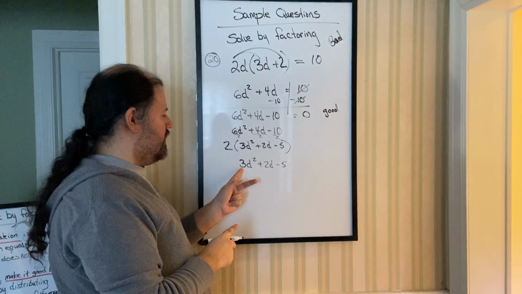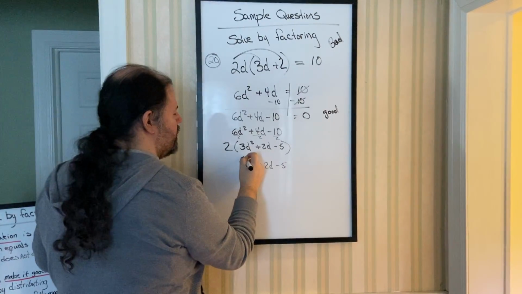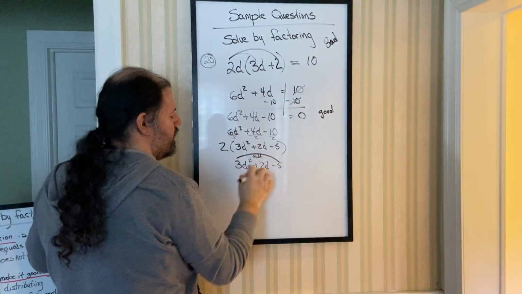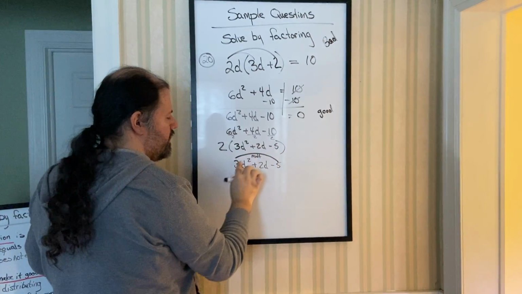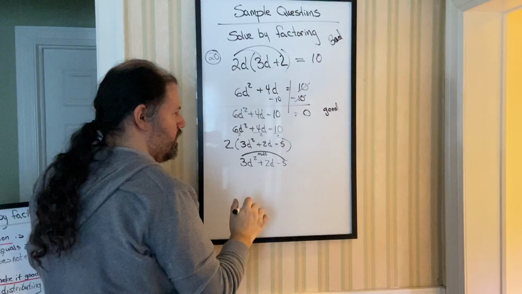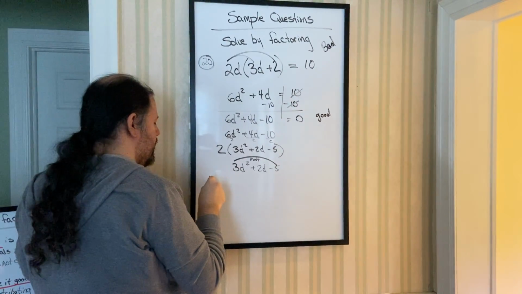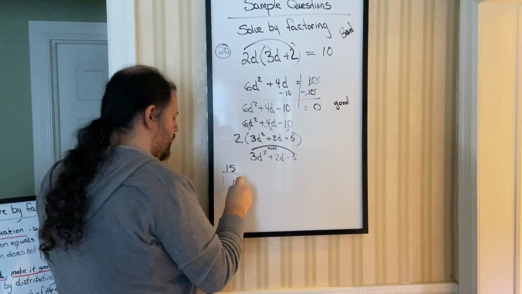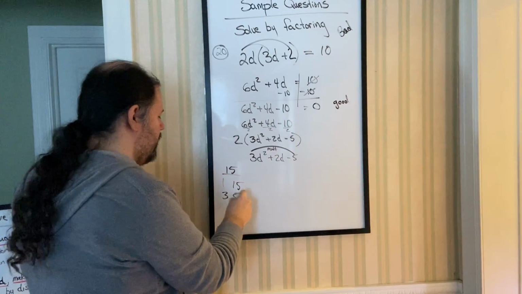Don't like FOIL, so I'm going to do arch. Arch, remember, is to multiply. 8 steps. Create the arch, leading coefficient times the last term, constant or coefficient. We get a 15. Step 2, do all the combos of 15. 1 and 15, 3 and 5.